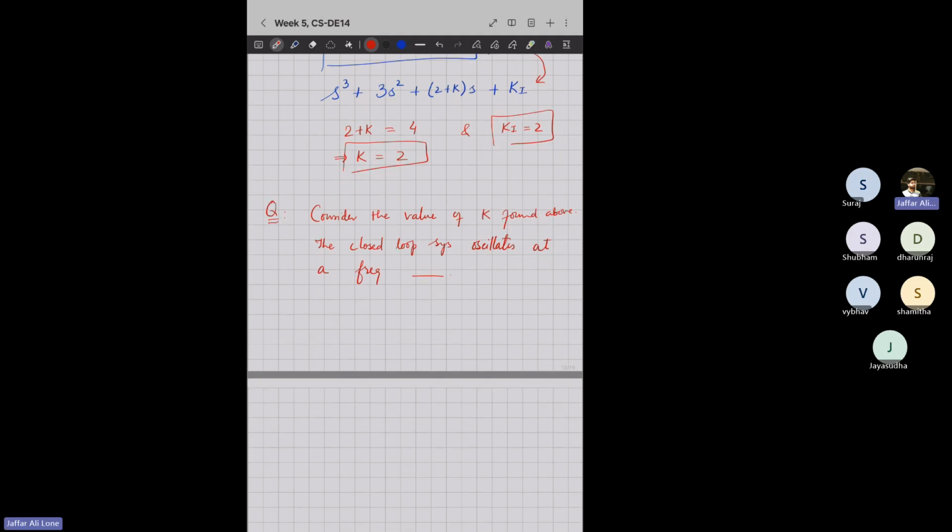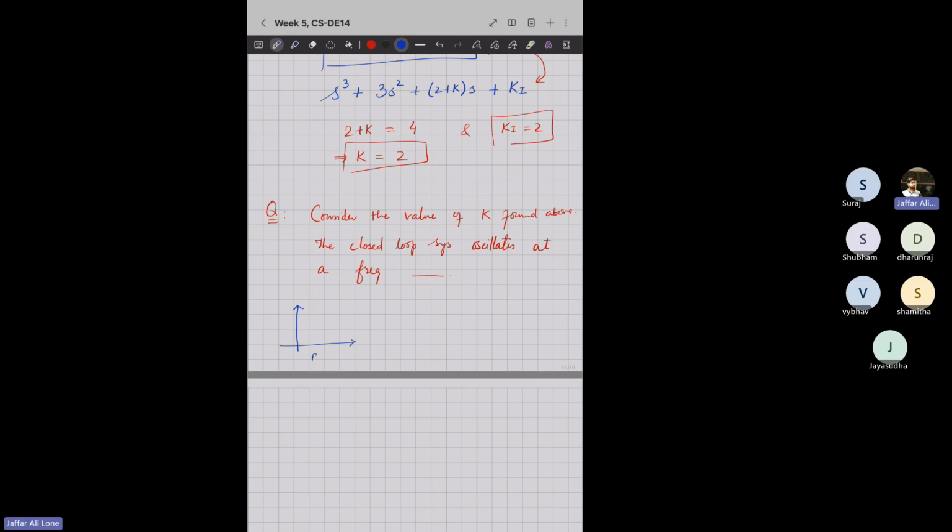Whenever you are given that the system oscillates at a frequency of, it means obviously there are poles on the imaginary axis, and only then will the system oscillate. Otherwise, either the system will be unstable or the system will decay down. I'll show you here.